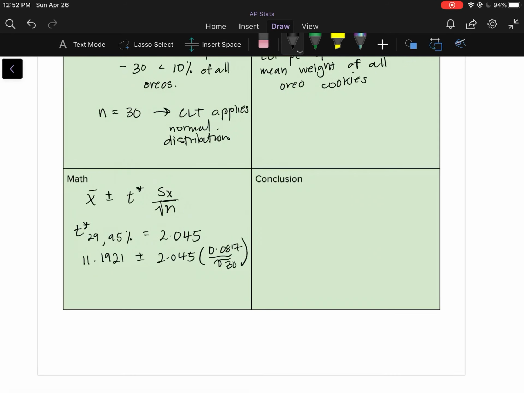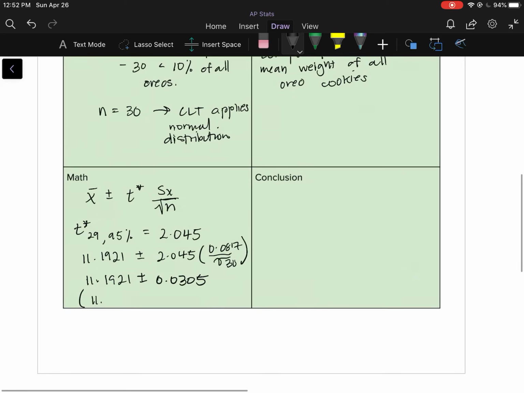And I get this to be 11.1921 plus or minus 0.0305. So my confidence interval is from 11.1616 to 11.2226. So what does this mean?